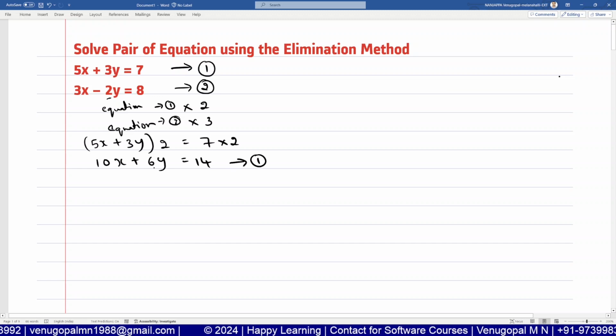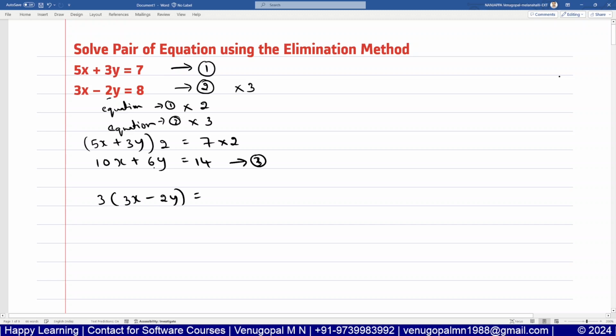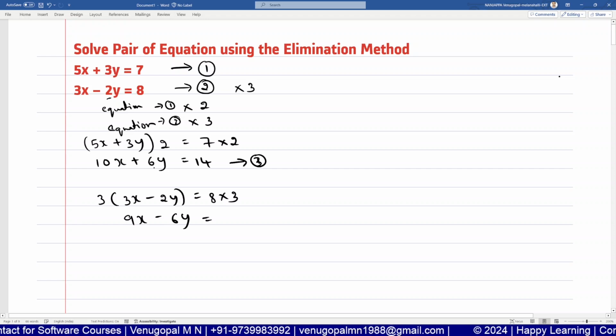Maybe you can call this equation 3. Similarly, we will multiply the second equation by 3. So 3 into 3x minus 2y is equal to 8 into 3. Again, 9x minus 6y is equal to 24. We'll call this equation 4.